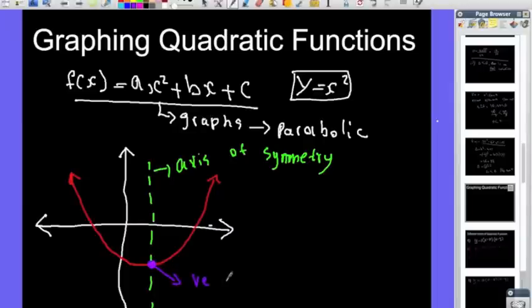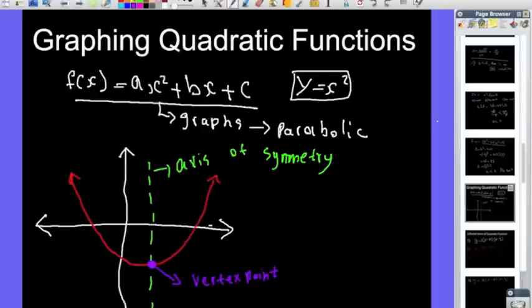The vertex point is basically the turning point. Usually in parabolic graphs it is the minimum point, the lowest point that the graph can have.